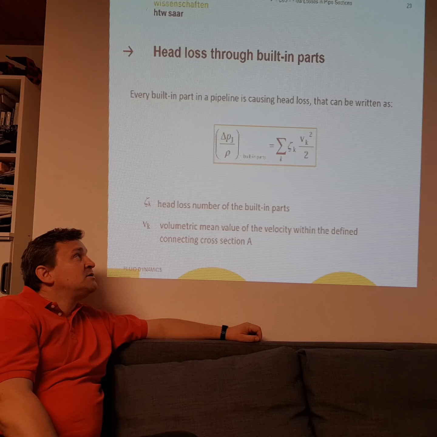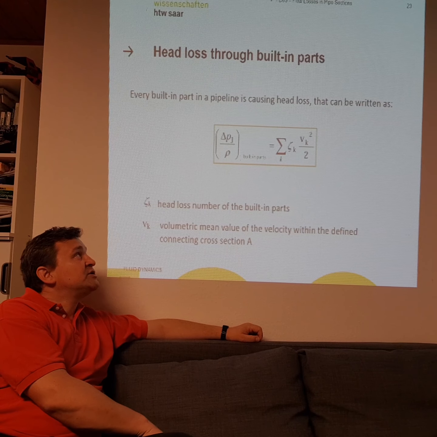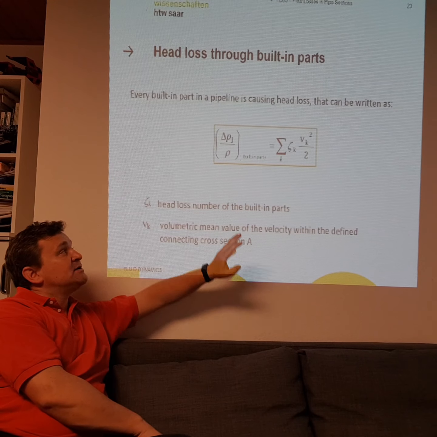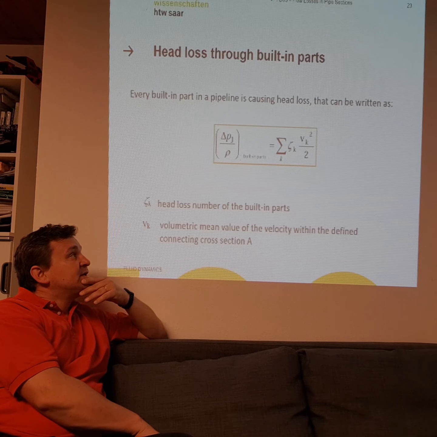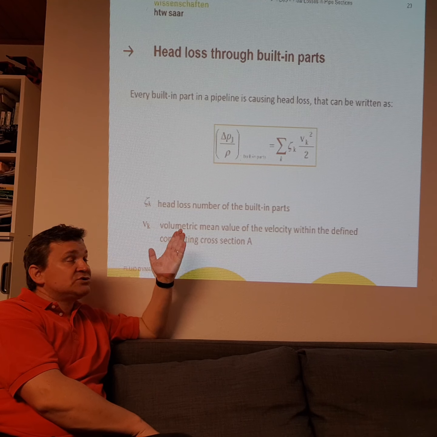And here is the formulation of the pressure drop. This is a simpler part now. It's only for smooth walls.